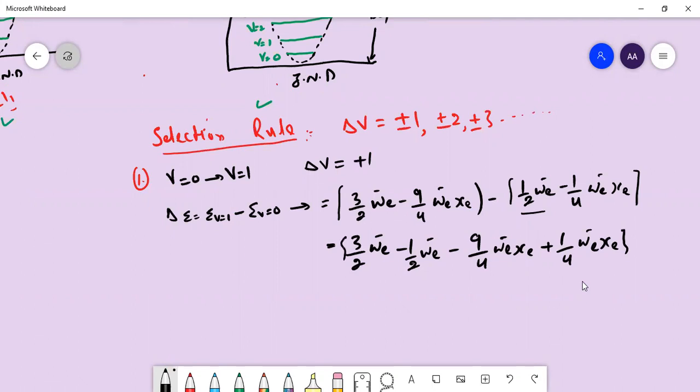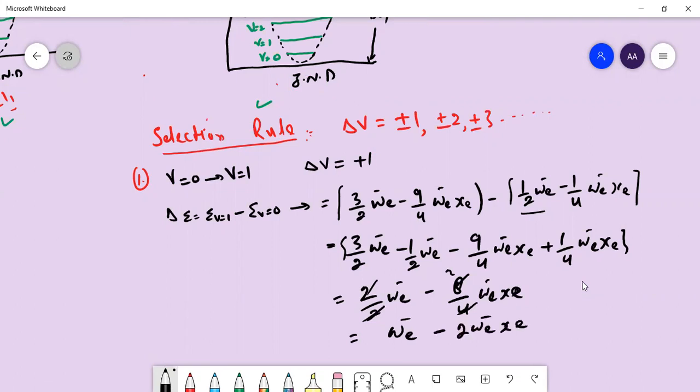So when we solve this equation, the bases are the same. What I will get here is 3 minus 1, 2, 2/2 omega_e bar minus, again bases are the same, 9 plus 1, it will be 8/4 omega_e bar x_e. Then we can cancel these, 4 into 2 is 8. The equation will become omega_e bar minus 2 omega_e bar x_e.